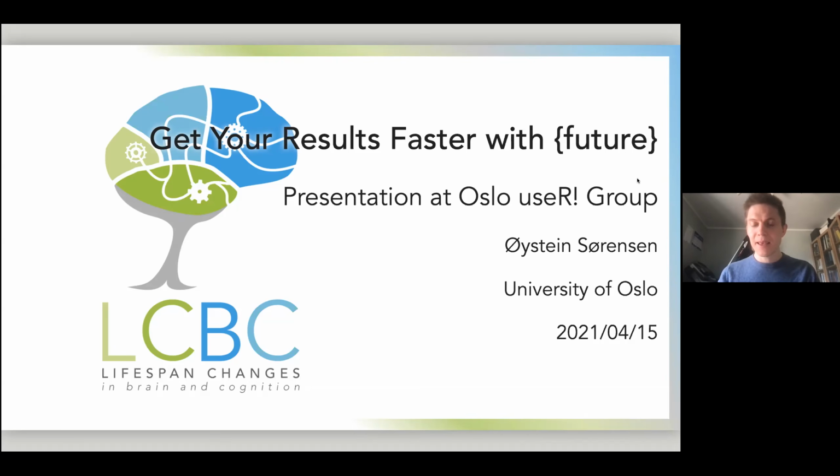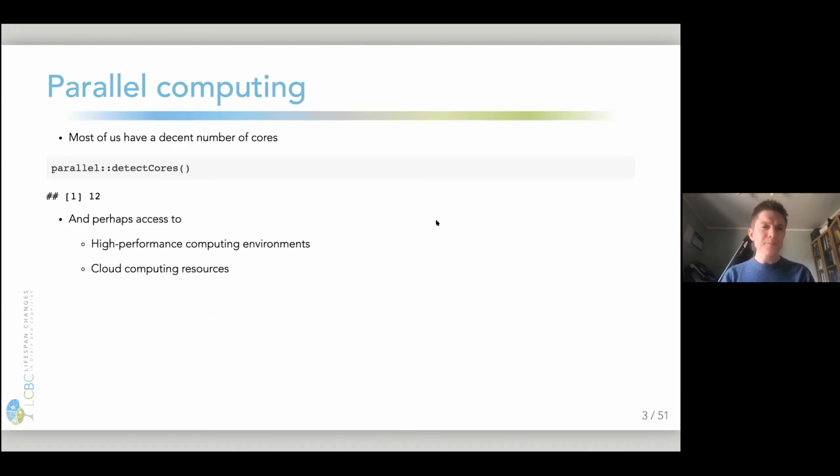So I'll go ahead. There we go. So parallel computing is something I guess many of us have heard of. And most of us, even on our laptops, have a decent number of cores. If I run parallel detectCores on my MacBook, it returns 12.